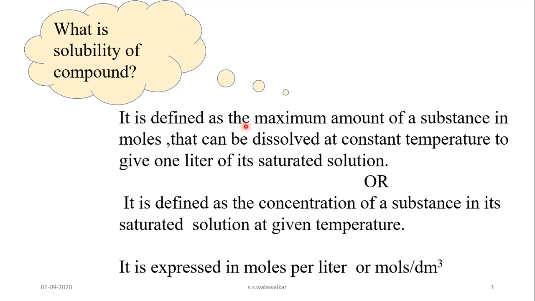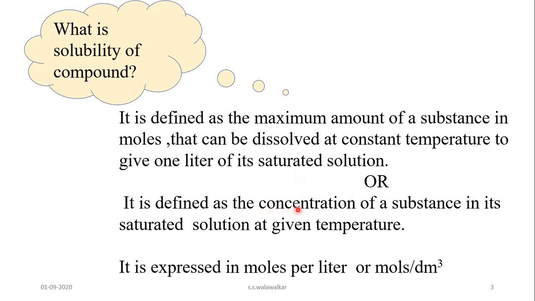Solubility is defined as the maximum amount of substance in moles that can be dissolved at constant temperature to give 1 liter of its saturated solution. That means solubility is the property of a substance to get dissolved in the solvent in order to form a solution.